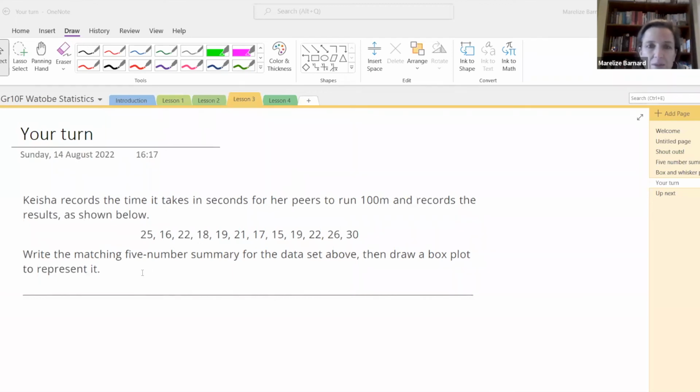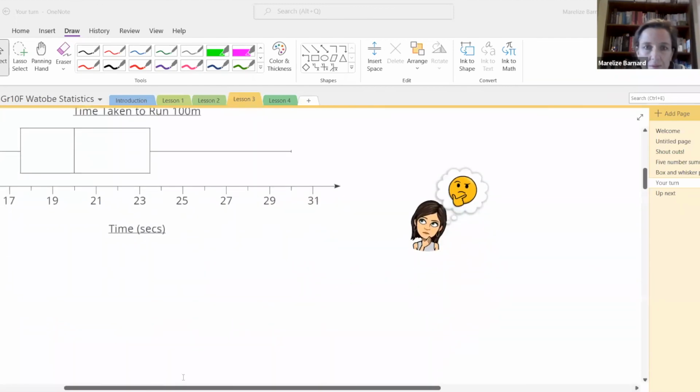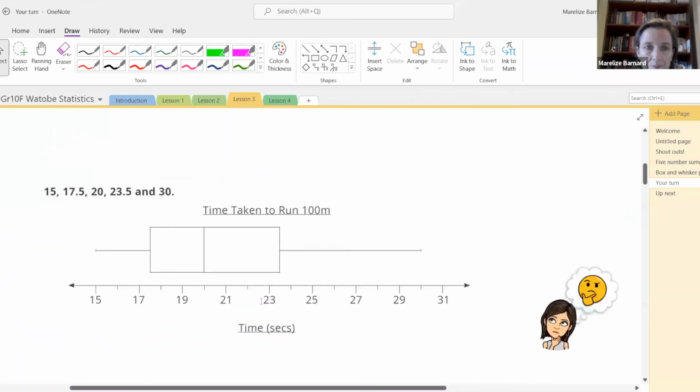Right, can people just let me know in the chat if they are done with this question? Please put a thumbs up and then we can go through our box and whisker plot. Okay, here we go.